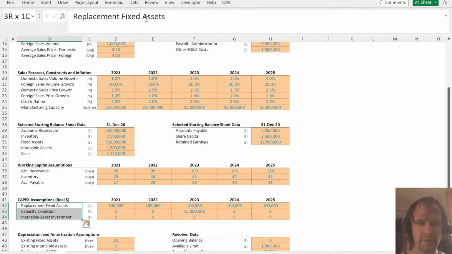Replacement fixed assets, capacity expansion into, okay, whoop. So replacement fixed assets depreciated over 5 years. Starting in the next year, fine. Expansion happens in 23. Depreciated over 12.5 years. Cash outflows last day of the year. CapEx numbers are real. Don't forget to apply cost inflation. Okay, fine.